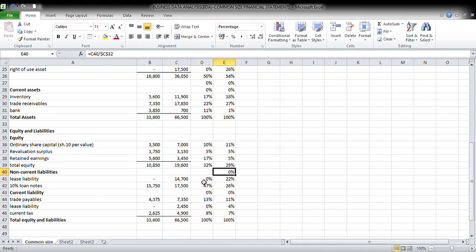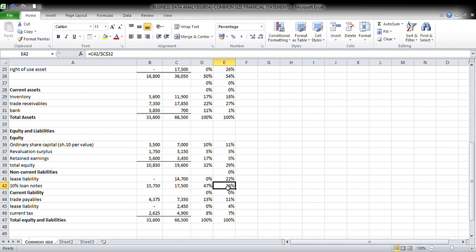Then in terms of lease liability, under non-current liabilities, company A has 0, company B has 22. Then company A has 47% of loan, then 26%.